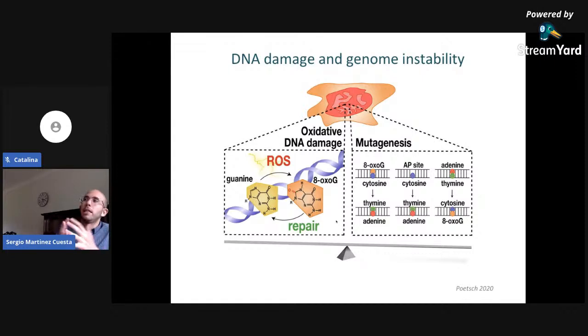But in some other cases, some of these modifications lead to mutagenesis that in some aspects might be beneficial for the cell, perhaps giving a competitive advantage. So the cell is sometimes in a dilemma on whether to repair it or just leave it and let mutagenesis happen.